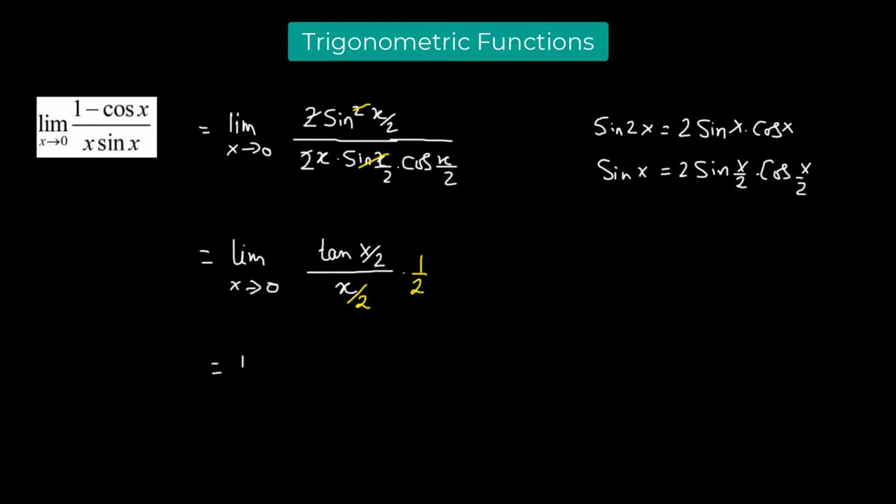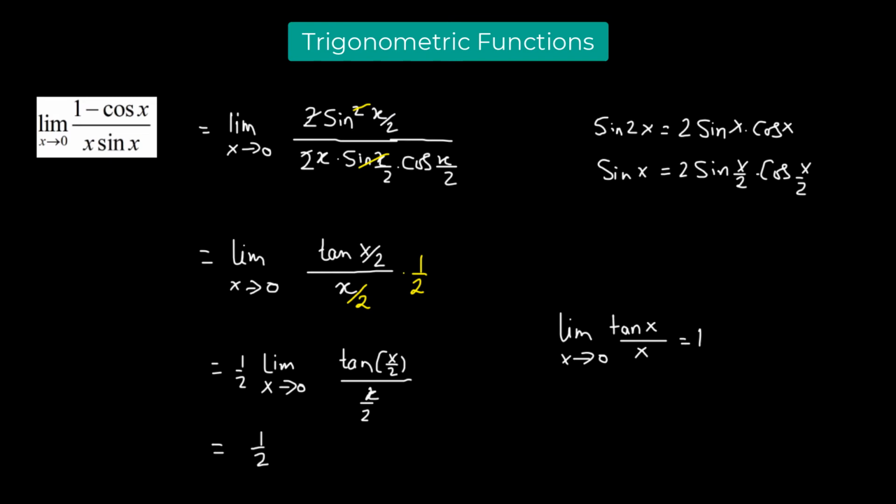So that gives us half of limit x tending to 0, tangent of x over 2 divided by x over 2. By definition this is 1, the limiting value of tangent. What I mean is limit x tending to 0, tangent of x divided by x is equal to 1. So we have half multiplied by 1. So the limiting value for the given trigonometric function is half when x approaches 0.